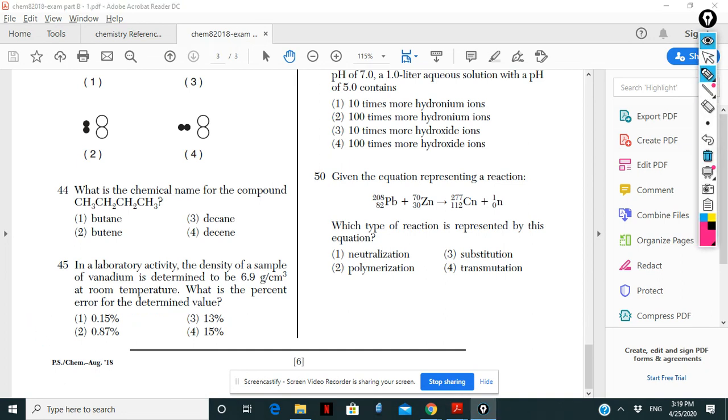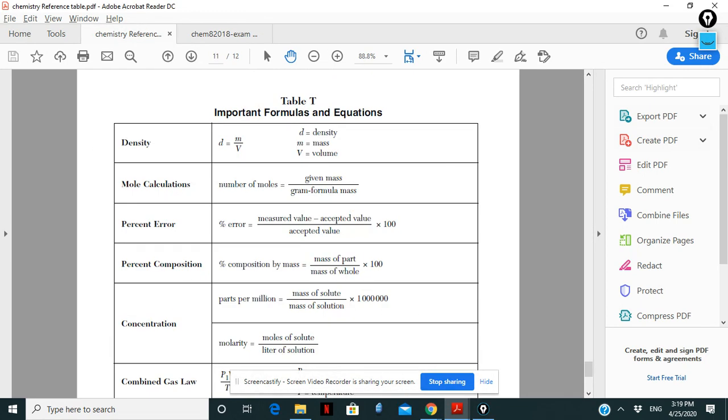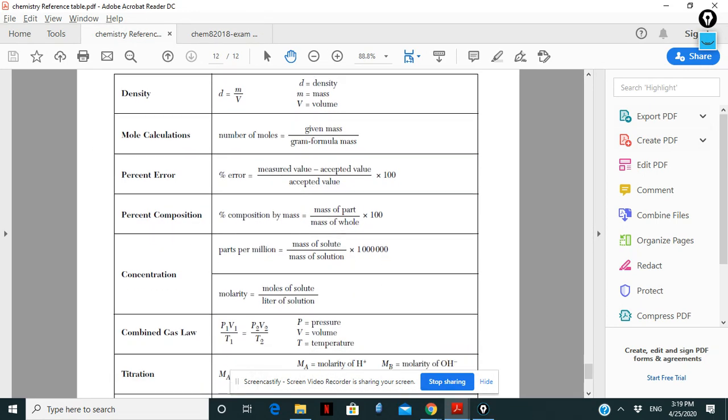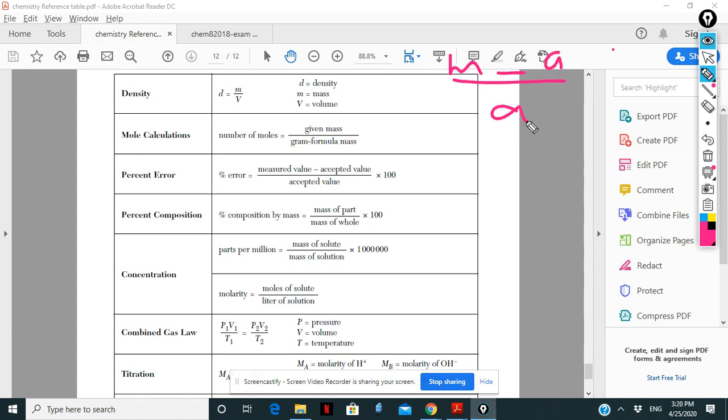In a laboratory activity, the density of a sample of vanadium is determined to be 6.9 at room temperature. What is the percent error for the determination? So first, I have to know the actual value for vanadium. The percent error formula is the measured minus the accepted, over the accepted, times 100.